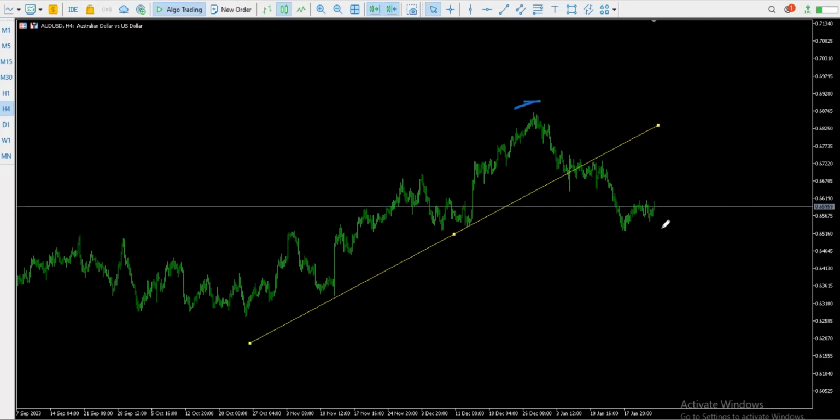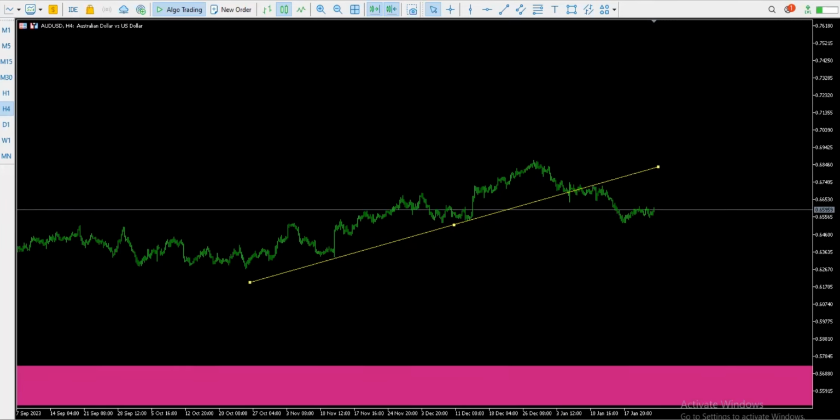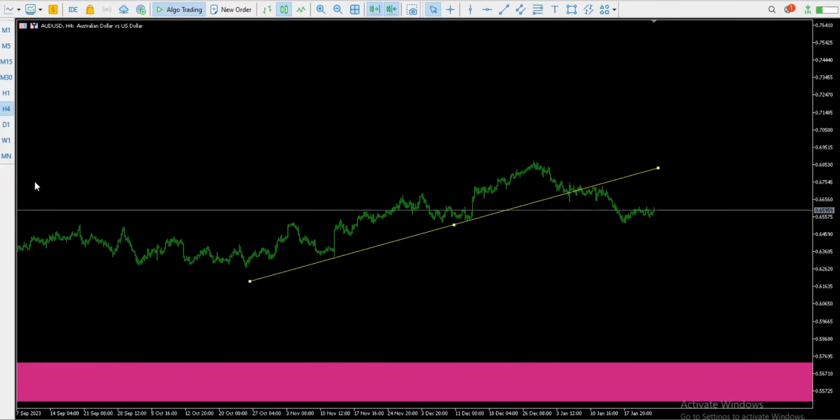He will put his stop loss here, and the TP somewhere around this zone.